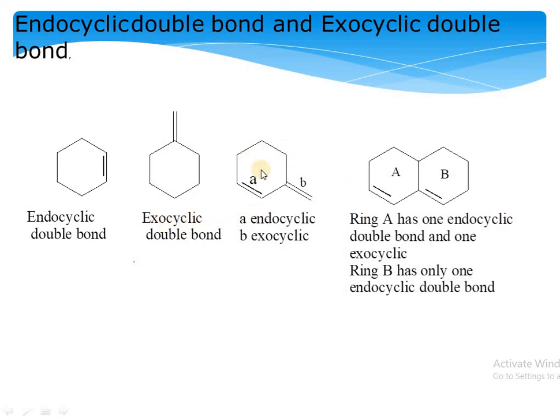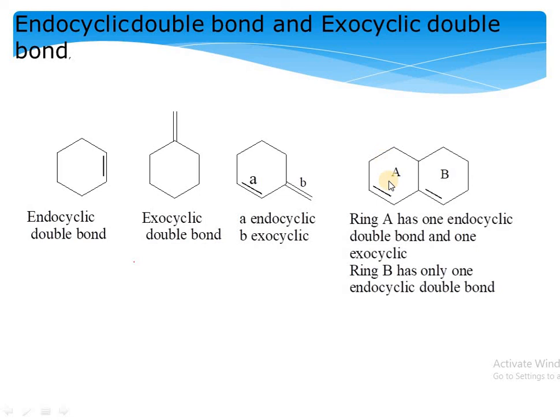Here in this example we can see this is an endocyclic double bond and this is an exocyclic double bond. And similarly in this example, this ring has this bond, that is endocyclic, and this is an exocyclic double bond because this double bond is touching this A ring from outside. So this double bond is exocyclic to ring A, and this is an endocyclic double bond.